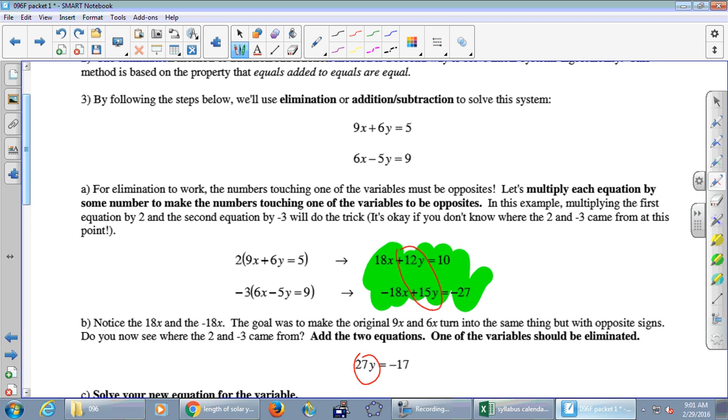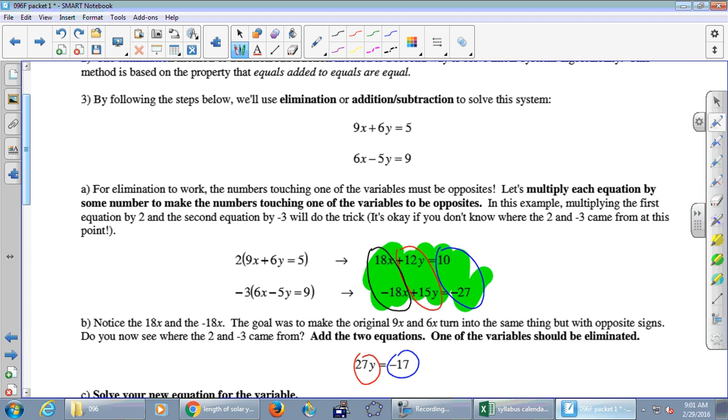If you add 10 plus -27, what do you get? -17, that's there. If you add 18x plus -18x, what do you get? Nothing. And so adding these 2 equations, just going straight down, gives us the equation 27y equals -17, which has how many variables in it? Just 1, which is great because we can solve that.